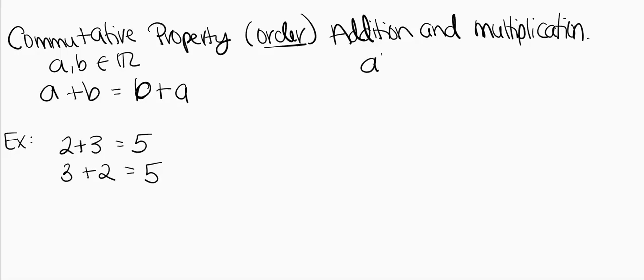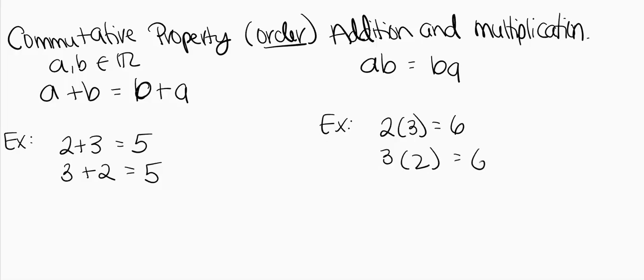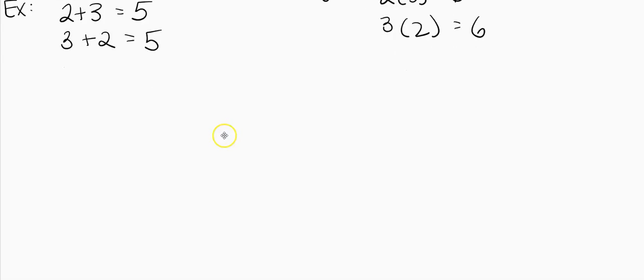For multiplication, a times b is the same thing as b times a. For example, 2 times 3 is 6, which is the same thing as 3 times 2, which is equal to 6. Now, why doesn't it work for subtraction or division?